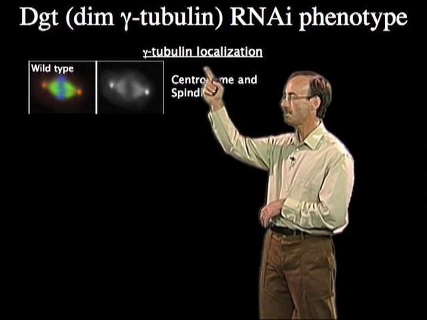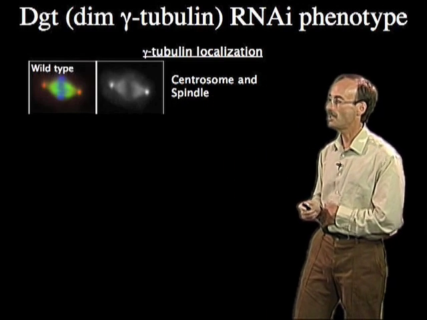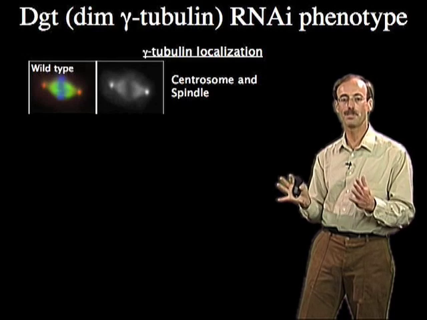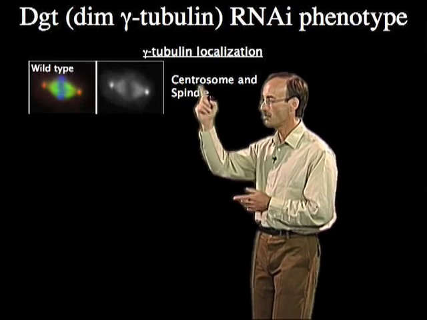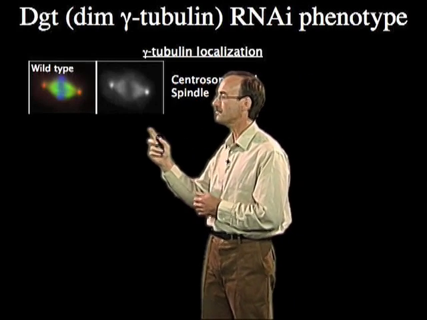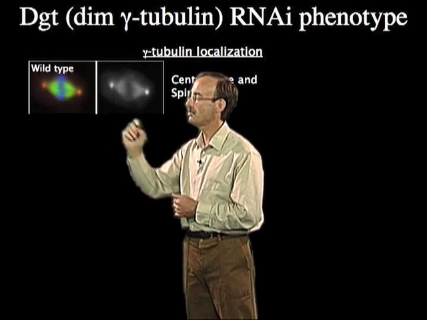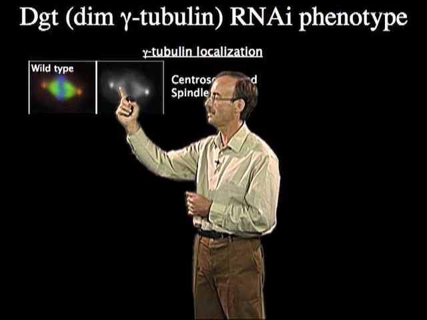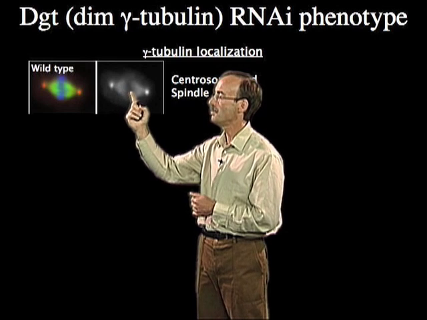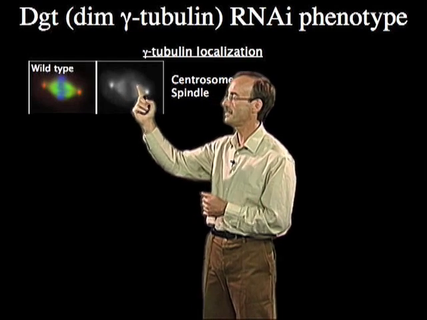And that's when we looked at genes that affected the localization of gamma-tubulin, this critical nucleator of microtubule assembly. So here is normal gamma-tubulin staining shown over here, and this is superimposition with DNA and microtubules, but most of the gamma-tubulin is found at the centrosome here, but there's also gamma-tubulin that's found in the body of the spindle itself.